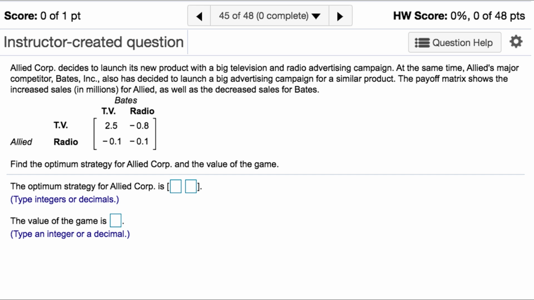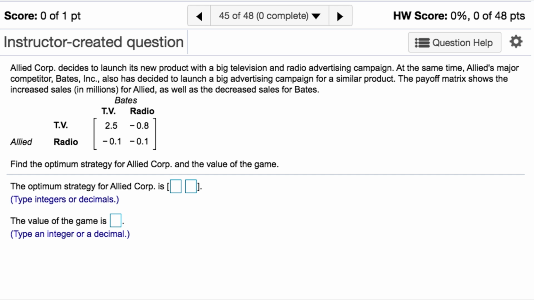All right, so Allied is our row player. Bates is our column player. TV is strategy 1. Radio is strategy 2. Our matrix 2.5, negative 0.8, negative 0.1, and negative 0.1 shows that really Bates wins if anyone chooses radio, and Allied only wins if both Allied and Bates choose TV, because that value is positive.